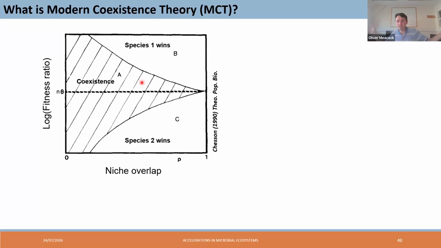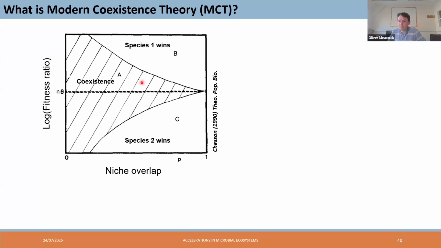So you can have very diverse interaction mechanisms, lots of stuff going on in terms of your processes, but you've got these two numbers which ultimately determine coexistence, which are downstream of those interaction processes. So what we can do now is we can say, okay, so we've got our interaction mechanisms, and then we've got our effective Lotka-Volterra interactions, and then what we're going to ask is, how does that affect coexistence in the system? And we're going to do that using this modern coexistence framework.